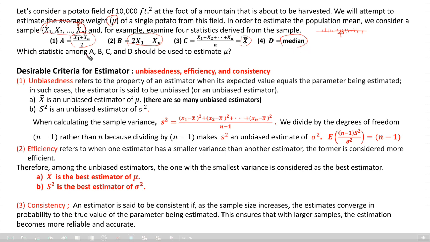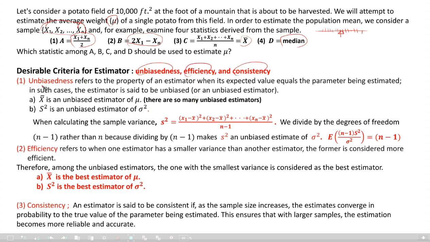Which statistic among A, B, C, and D should be used to estimate mu? There are many others except these four, right? So we need criteria for an estimator. The desirable criteria for an estimator are unbiasedness, efficiency, and consistency.